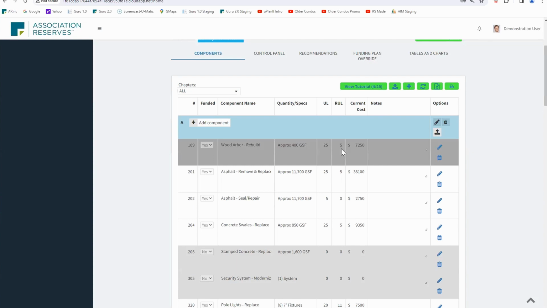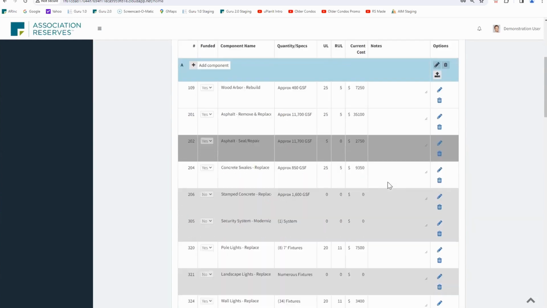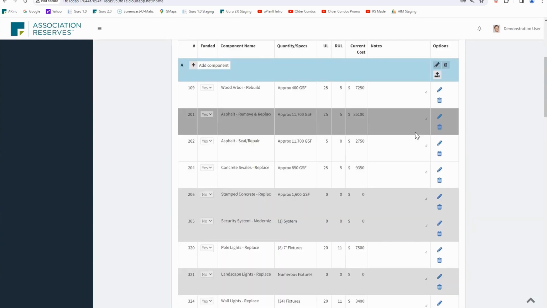There are a lot of different ways to work with these components to make sure that you have a good funding plan and a good solid way forward for the association. One way we do that is through something called coordinated projects. You'll see asphalt here. Maybe when we're actually on the ground, the seal repair is holding up a little better than we thought, but we want to put some of these elements together to make sure that we don't do double work.